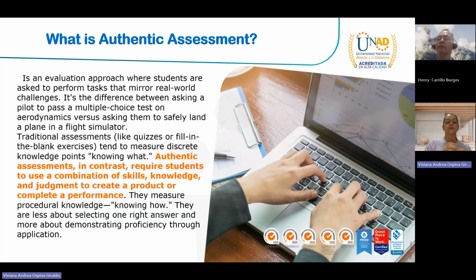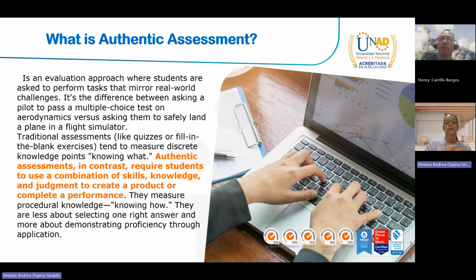So they measure procedural knowledge, knowing how. In traditional assessment, we measure knowing what, but with authentic assessment, we are going to measure the knowing how.